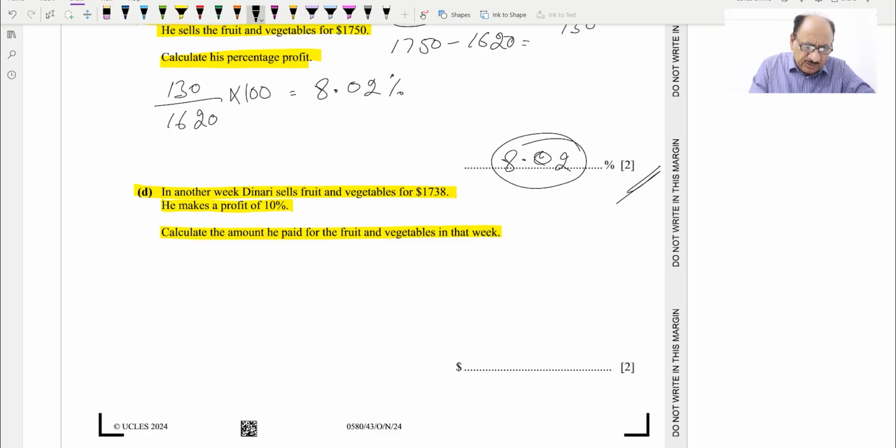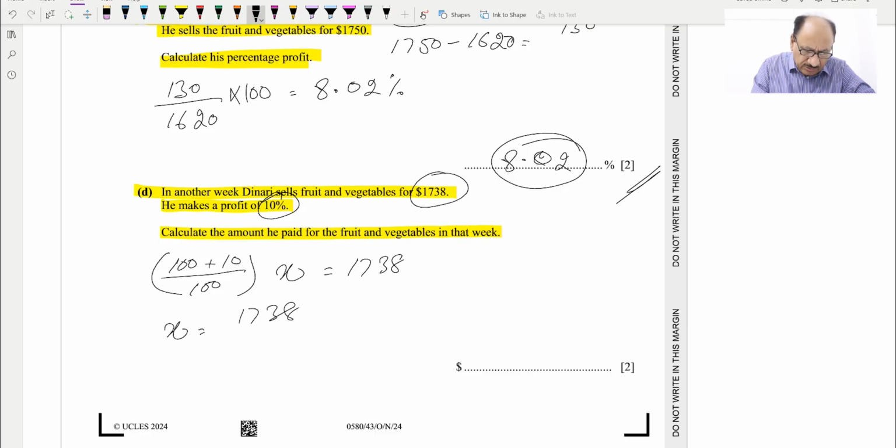So it's a reverse percentage question. We need the original price, and the profit is 10%. So we are calculating 100 plus 10 over 100. This is how we calculate the price with profit on the original price, which we don't know. We can take x is equal to 1738, which is the selling price. So x will be equal to 1738, and we can shift this whole thing to the other side, which is 100 plus 10 over 100.